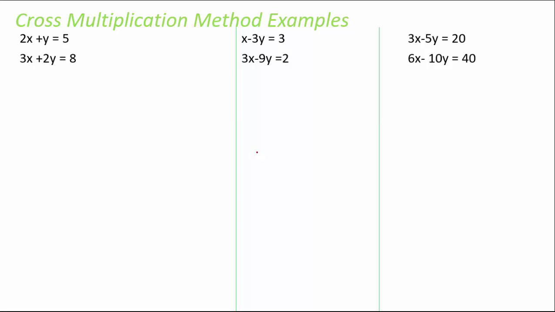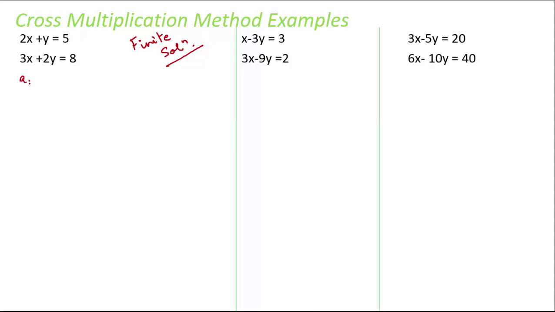Now for this particular method, that is the cross multiplication method, we will take an example for each of these categories. So let us first take an example of a scenario which gives a finite solution. Let us assume that we have these two equations.